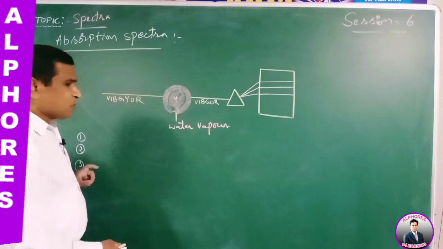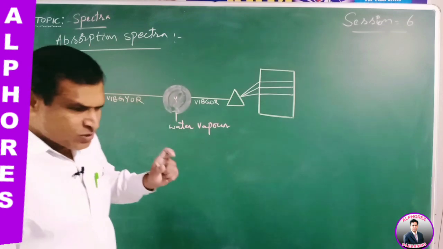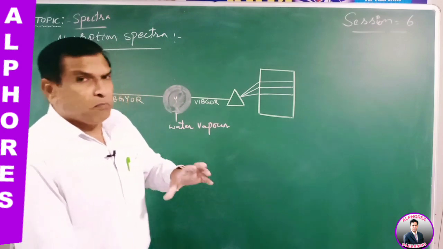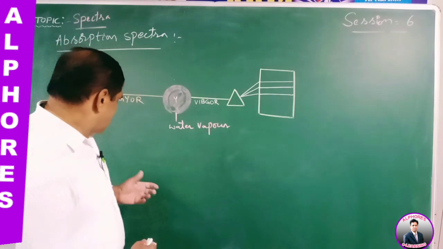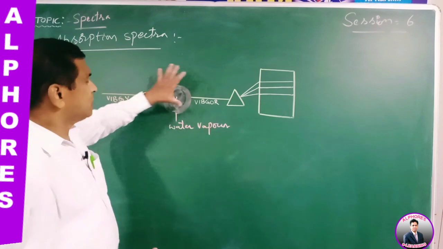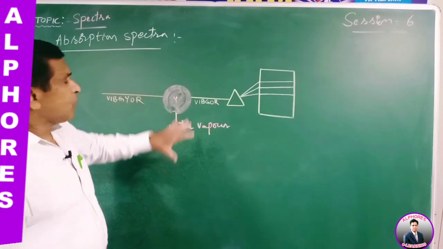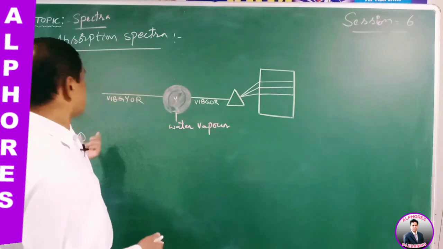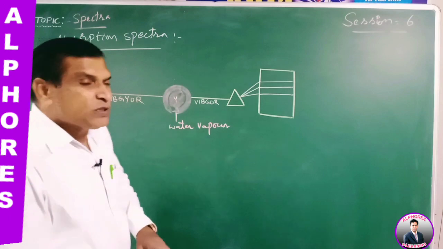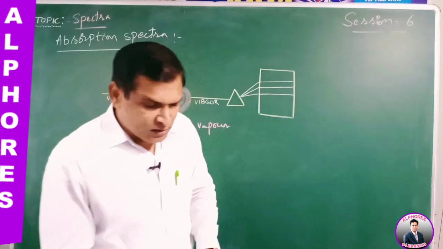Third, absorption spectra consist of dark spectral lines noted on a bright photographic plate. Fourth, absorption spectra is obtained from cold substances, that is water vapor. Water vapor can produce absorption spectra. That is the concept of emission spectra and absorption spectra done.